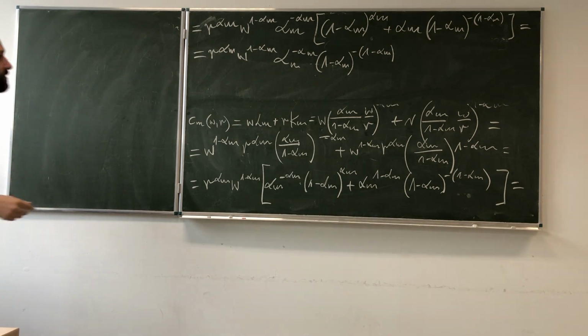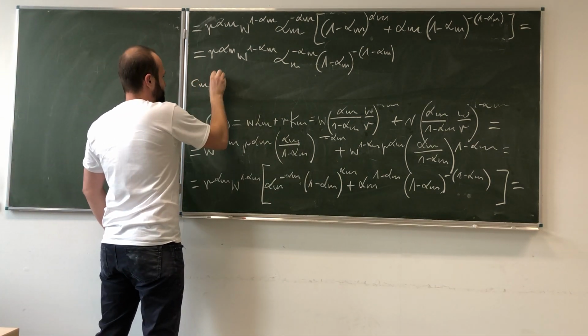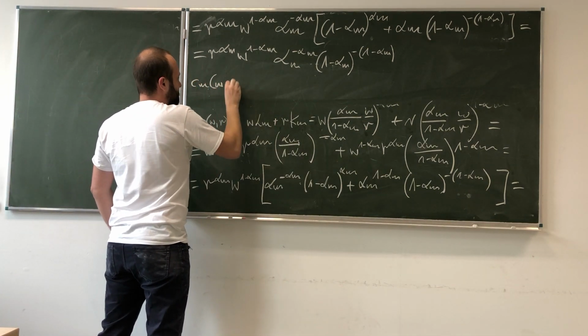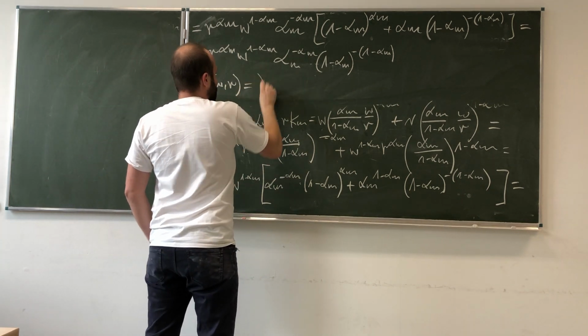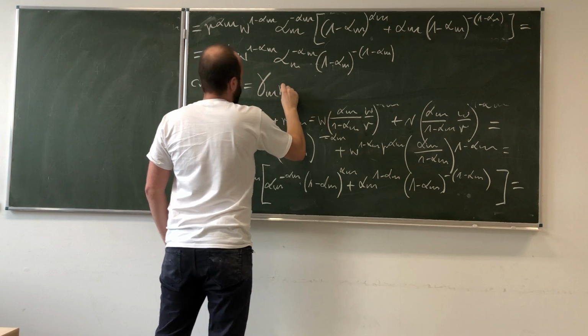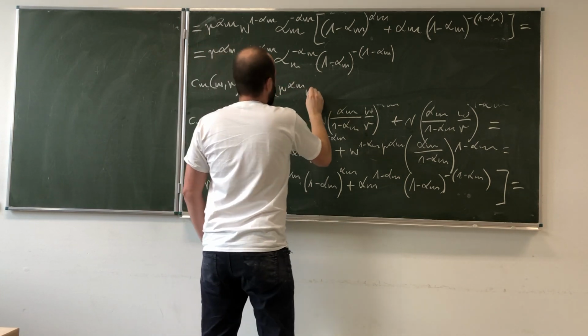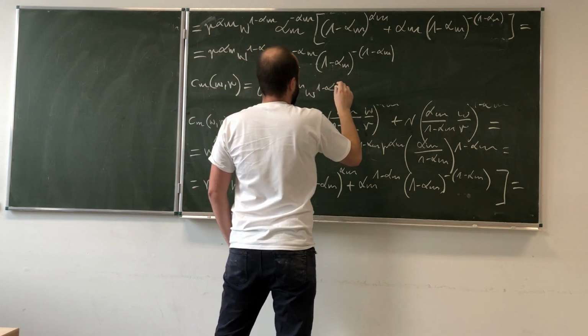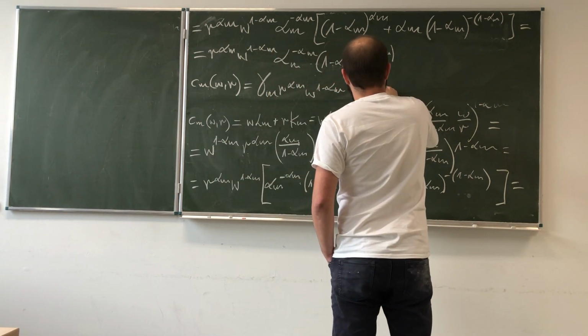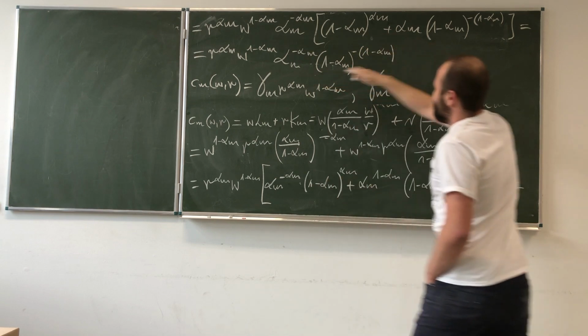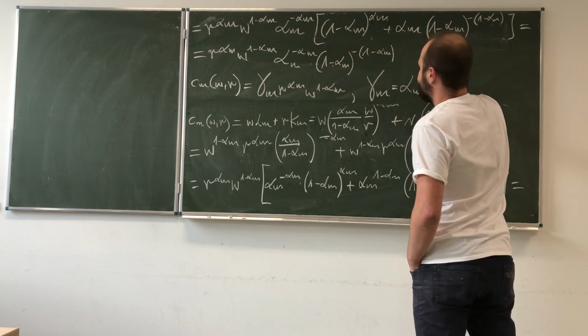Okay, and the final solution here is Cm. So the unit cost is equal to gamma m r alpha m w 1 minus alpha m, where gamma m is equal to this expression.